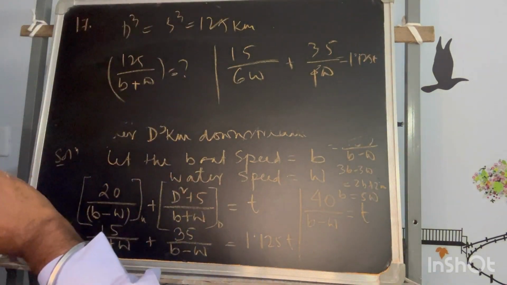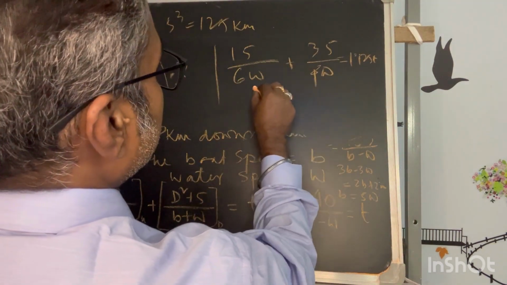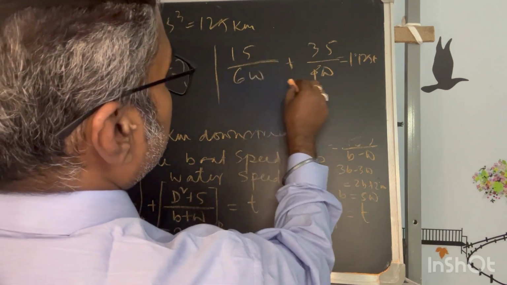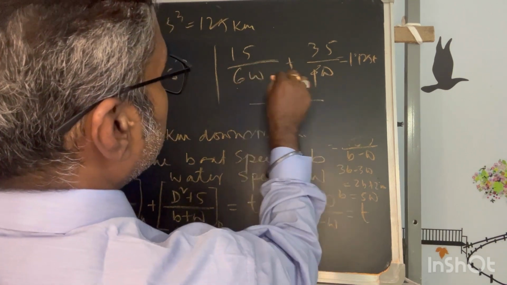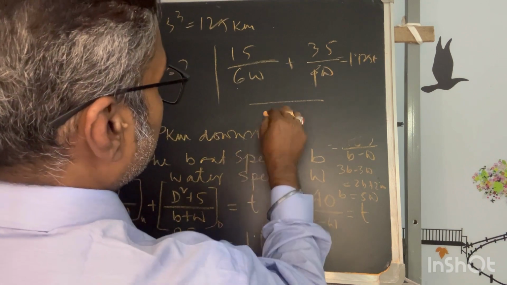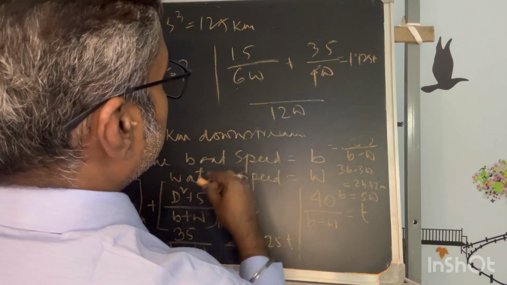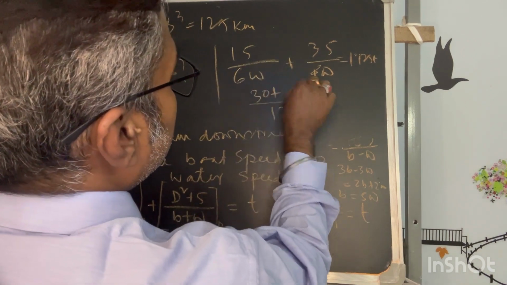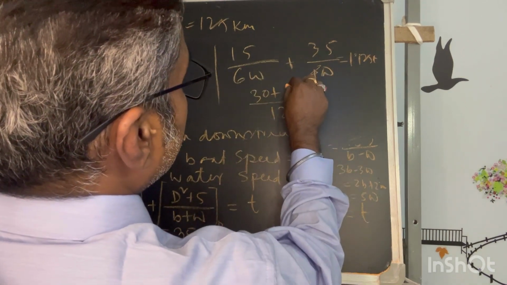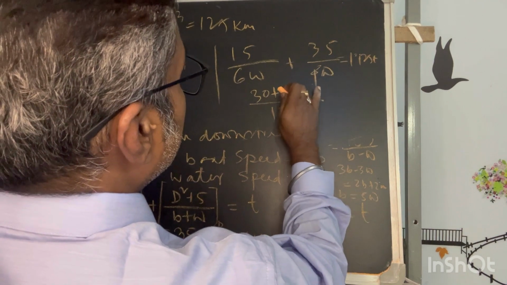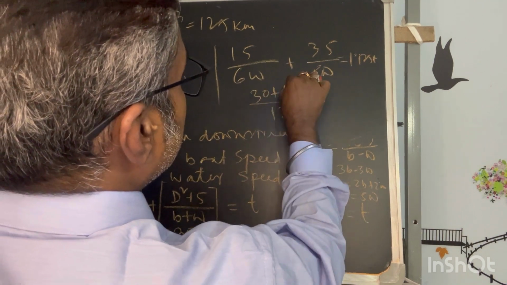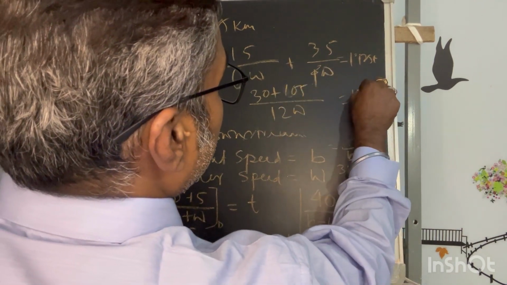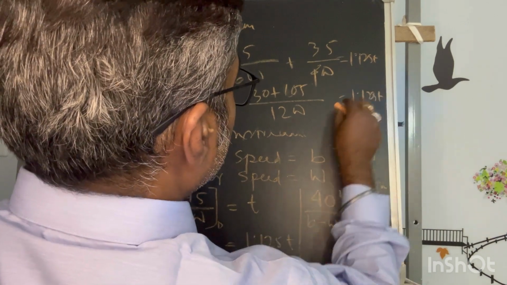Okay, so from there if I take w common, 12w is the LCM, so that will be 30 plus 105 is equal to 1.125 t.